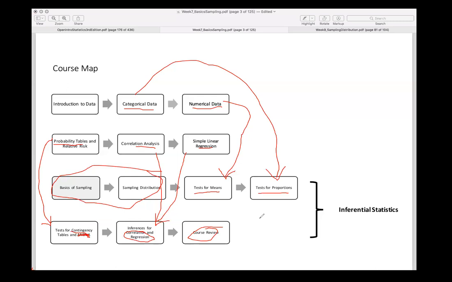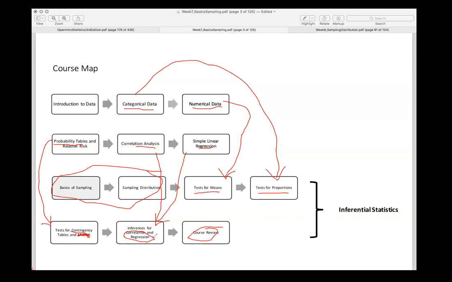But I want to assuage you a little bit by emphasizing that these tests for means is simply the application of numerical data analysis by making inferences. When we can analyze categorical data and make an inference about those categories, we can look at contingency tables or probability tables and make inferences about those. We can look at correlation and make inferences about those, regression and inferences about those.